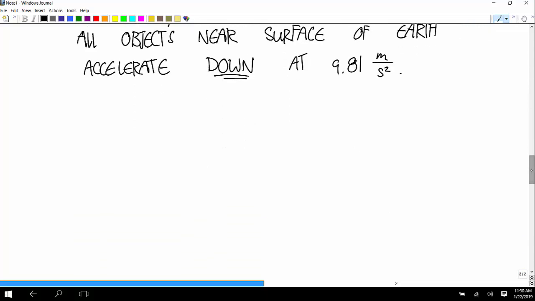Okay, let's do an example problem. So let's say that you're at the top of a short bridge, and you don't have a tape measure long enough, but you want to know how high the bridge is.